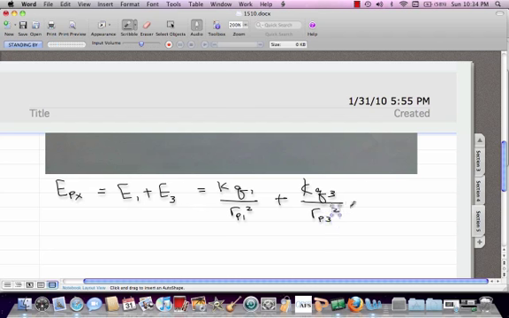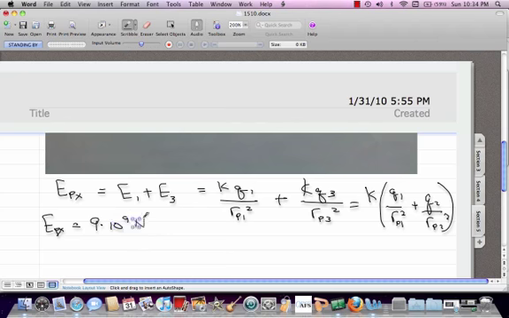Alright, I'm going to pull the K out, and so I just have Q1 over R P1 squared plus Q3 over R P3 squared, close parentheses, so my EPX equals 9 times 10 to the 9th Newton meter squared per Coulomb squared.